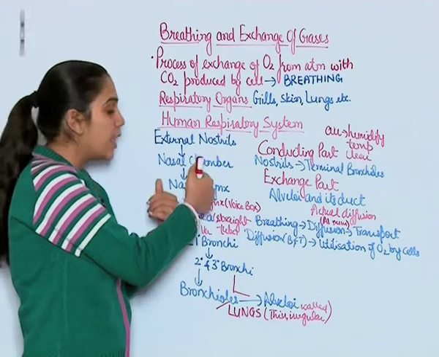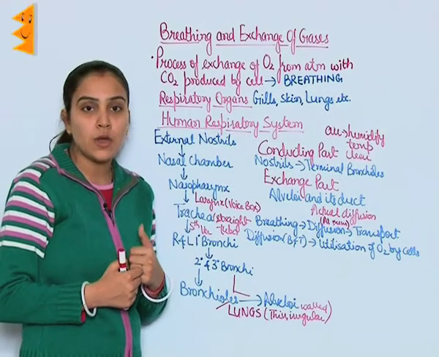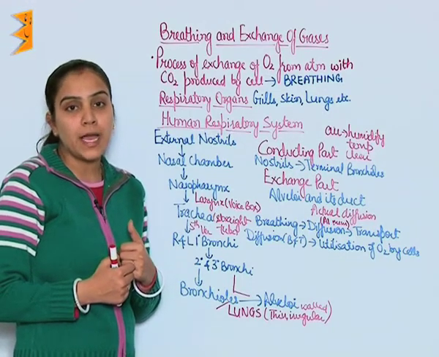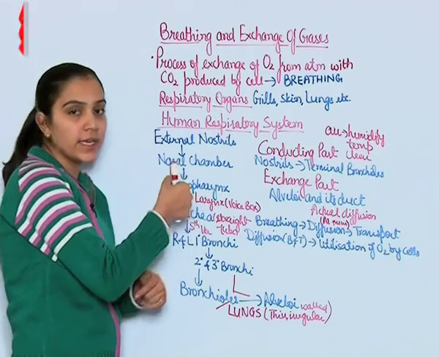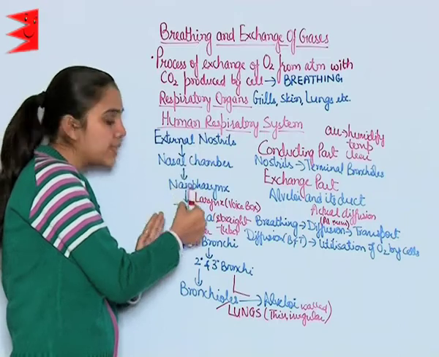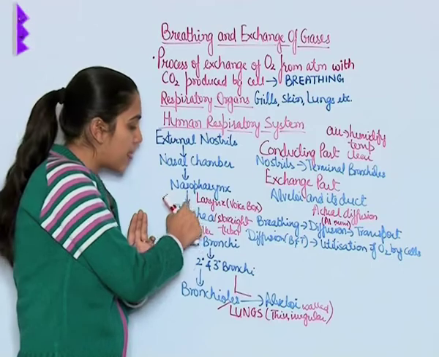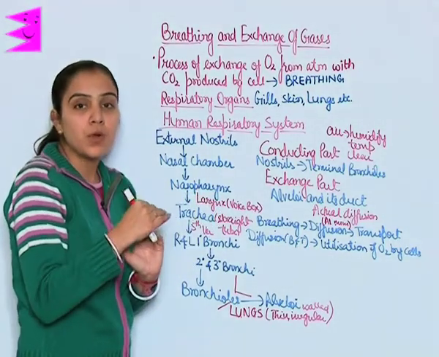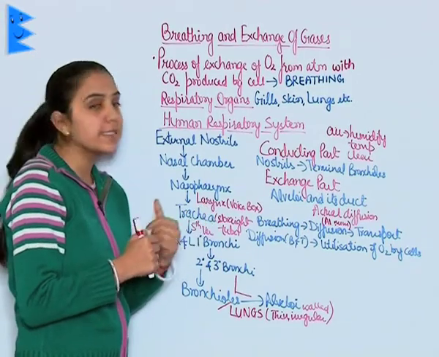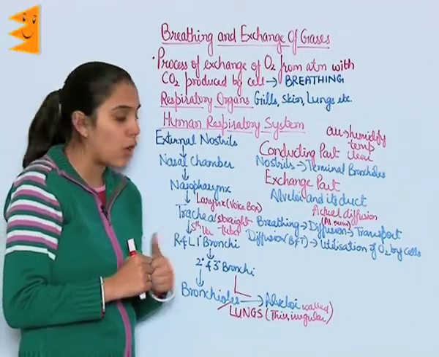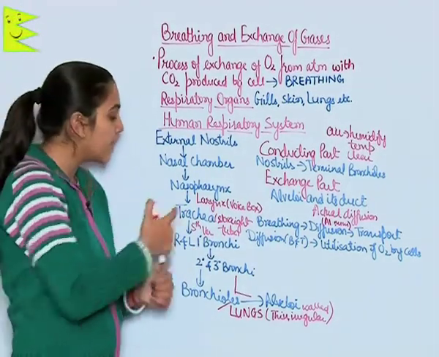From the nasal chamber, it enters the nasopharynx. The nasopharynx is part of the pharynx, which is a common pipe for food and air. From the nasopharynx, it opens into the trachea through the larynx, and there is a sphincter here which guards the entry of food into the windpipe. The larynx is also known as the voice box because it vibrates and helps in the production of sound.